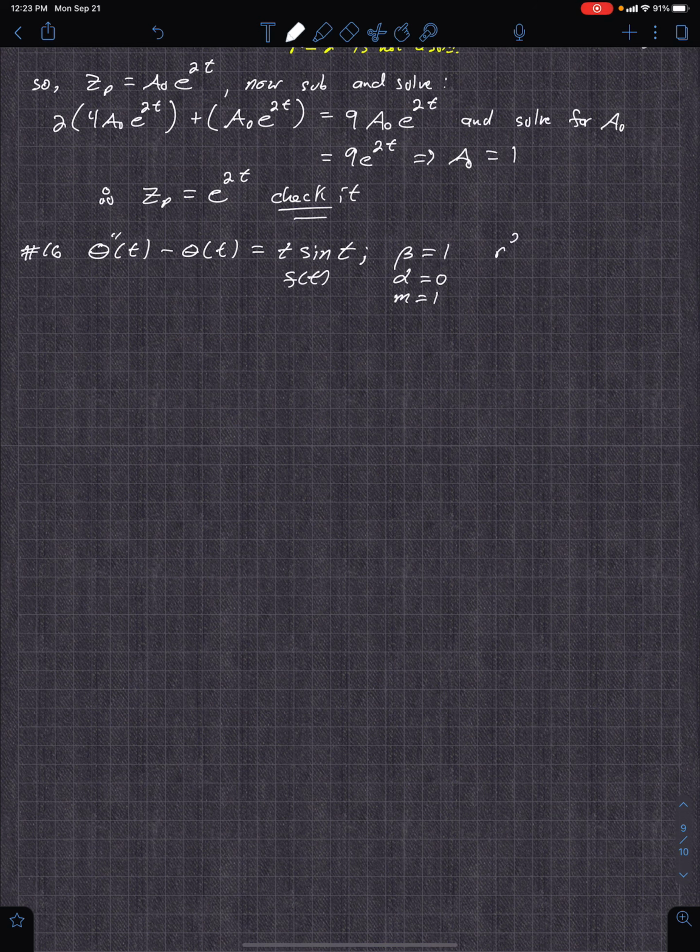Okay, then r squared minus 1 equal to 0 if and only if r is equal to plus or minus 1 in this case. So not complex. In this case, what is our s? Is alpha plus beta i going to be a solution?